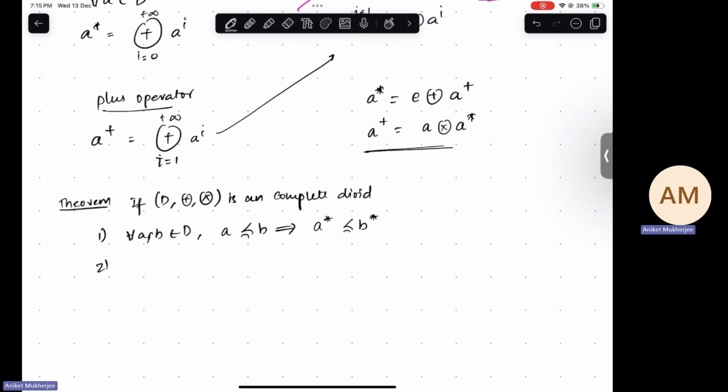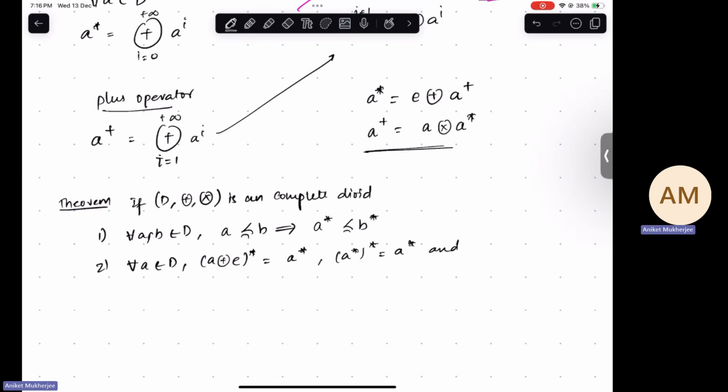And next we also want to show for all A belonging to the set, the Kleene star of A plus E star, the Kleene star operator of A plus E, is basically A star, and the Kleene star operator of a Kleene star operator is a Kleene star operator, right?